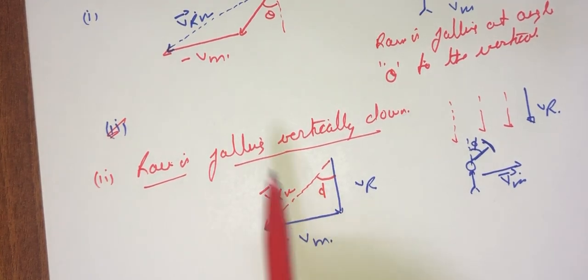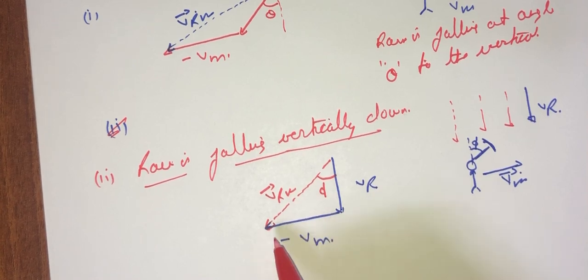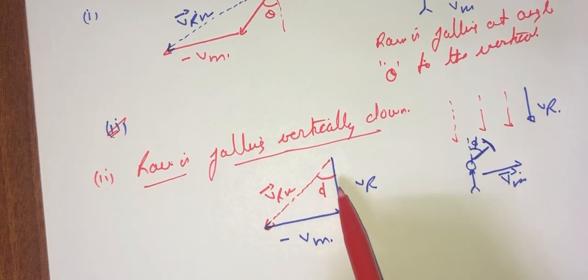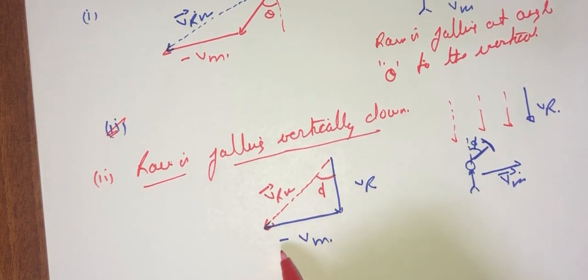If the rain is falling vertically downward, we simply complete the triangle by taking Vr, the actual velocity of the rain, and the velocity of the man, which comes in the minus direction.